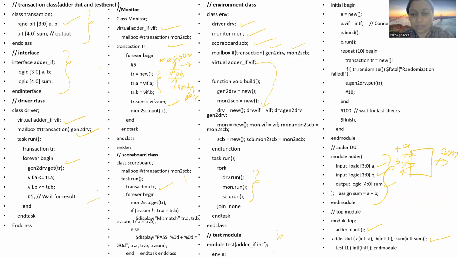This test T1 in turn invokes the environment, which builds and runs the environment, and hence runs all the components parallelly with this fork join_none, and randomly generates 10 different test cases which have been evaluated. So this is the way the test bench environment is used to verify a particular DUT. In this case, it's a DUT written for a 4-bit adder.